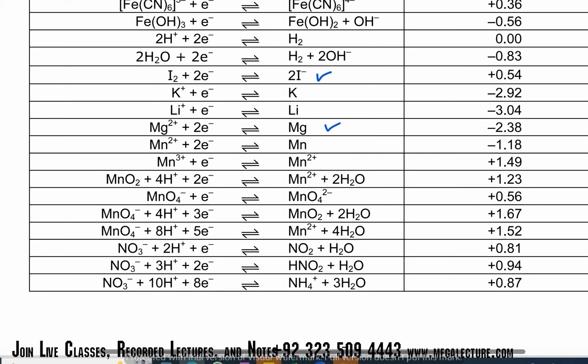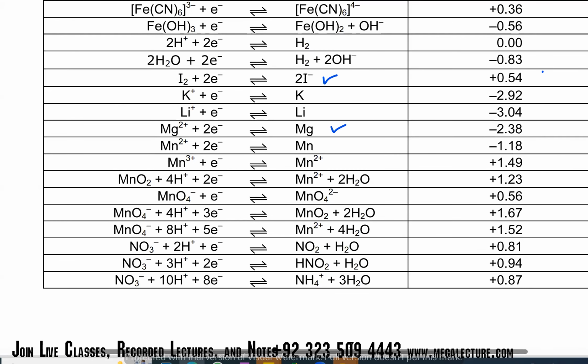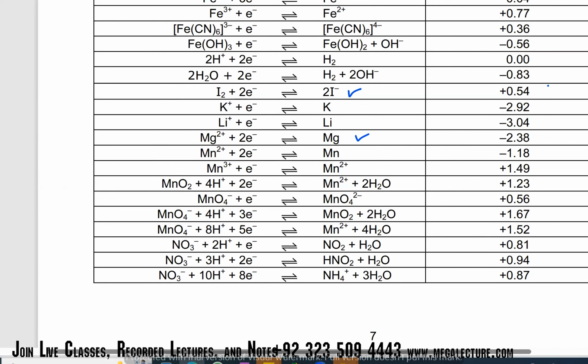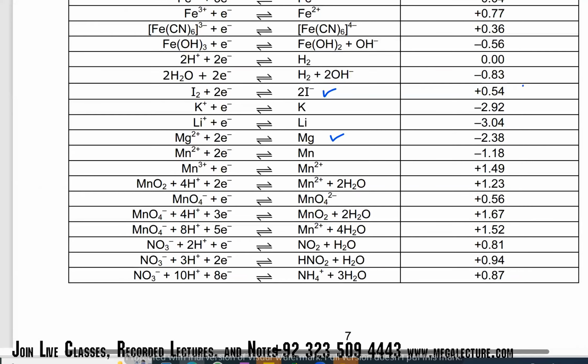So the iodine one is the higher one. And the other one is the lower one. So the lower one loses electrons and the higher one gains electrons, and that's it. The electrons are already balanced, so you can just add up the reactants.